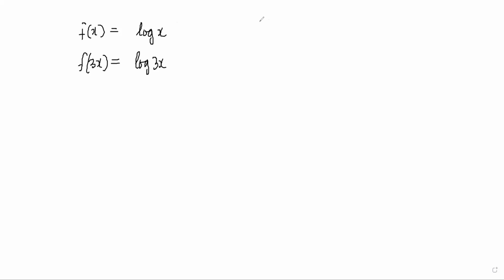So you will get log of 3x by log of x, which is f of 3x by f of x. The limit as x tends to infinity of this would be by differentiation: 1 by 3x into 3 on top, and 1 by x into 1 below. Oh, this is becoming 1.